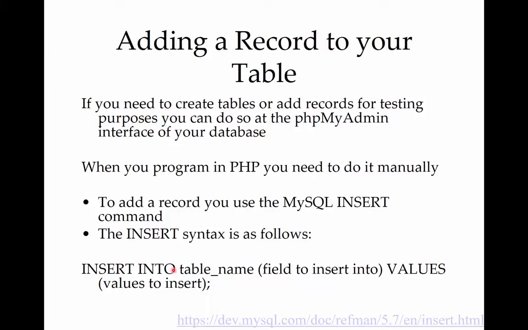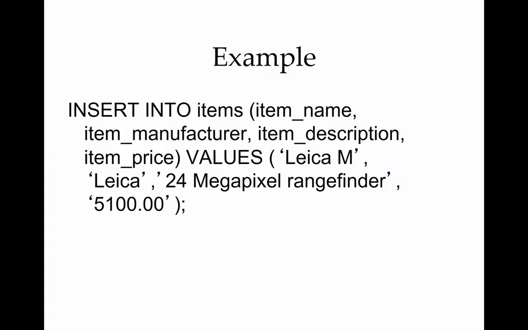Normally it's advisable you basically spell out which field and which value. So the first field you list here will be used to store the first value you list. The second field you store here will be used to store the second value, and so on. I'll show you an example.